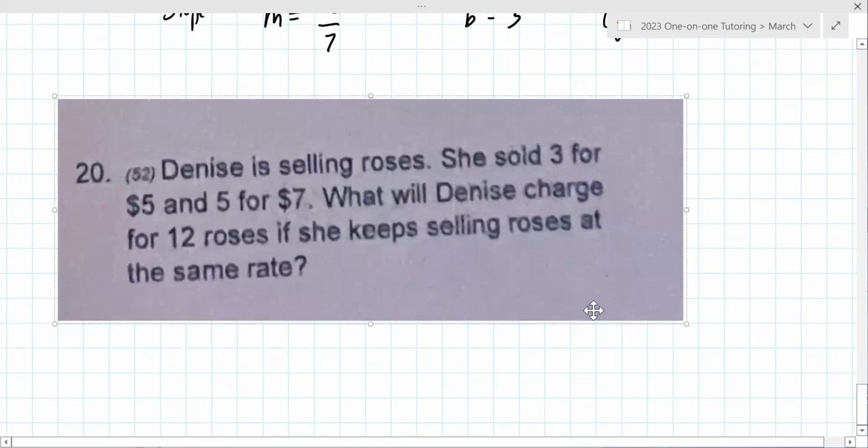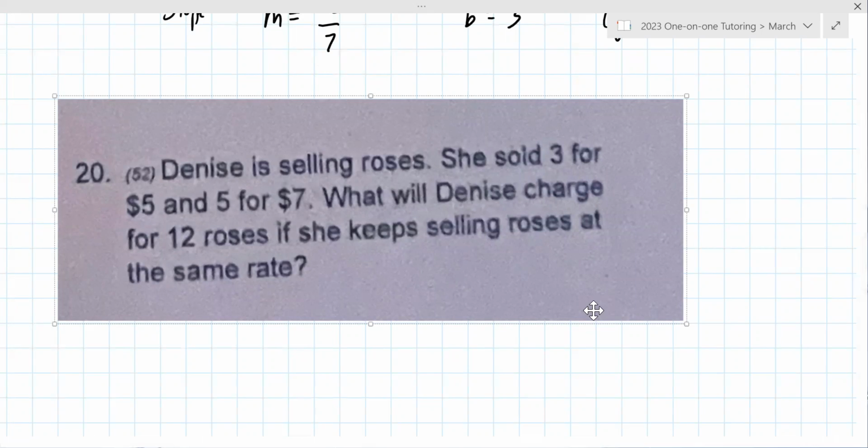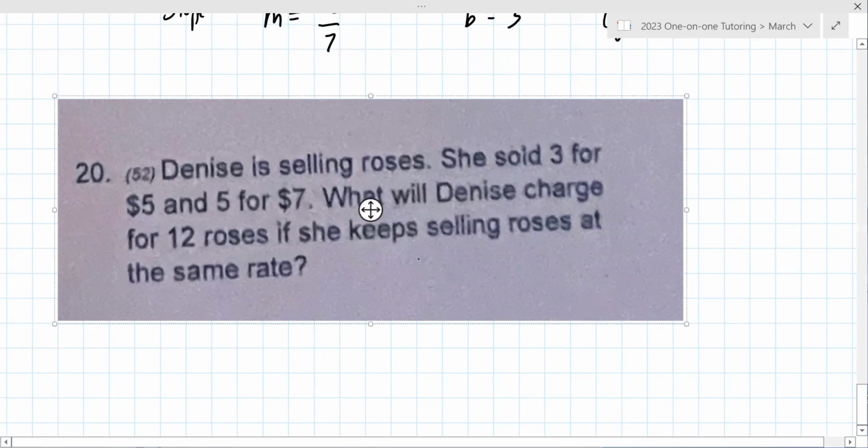Denise is selling roses. She sold 3 for 5 and 5 for 7. What will Denise charge for 12 roses? A couple ways to do this. You could write an equation, you could write a proportion. I guess you probably do need to set it up as an equation here. You probably cannot use a proportion on this.